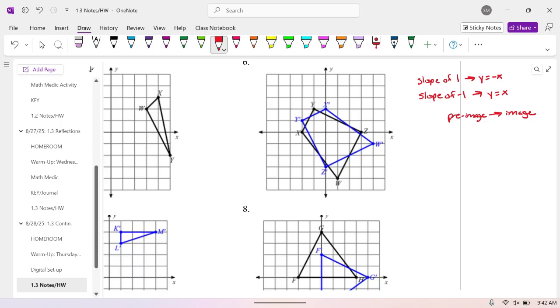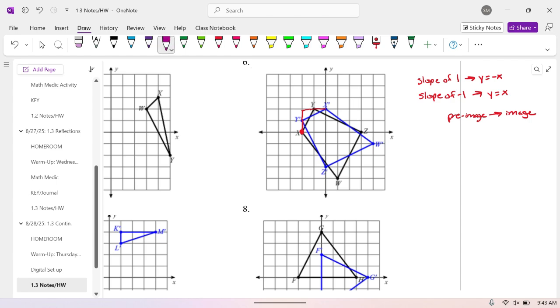And I would do more than 1 point to check yourself. So I'm going to start with x. So if I start with x here, I'm going to go up 1, 2, over 1, 2. So 2 over 2 is, what is that slope? 1. All right, so I'm thinking it might be reflecting over the line y equals x, but I'm going to do another one to check.